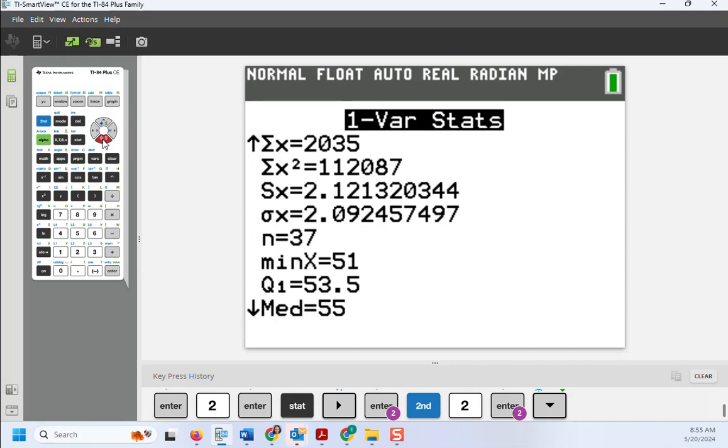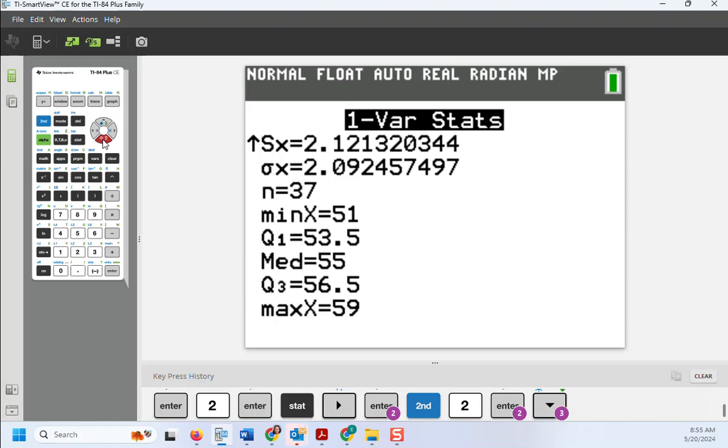My range is going to be my max minus my min. So I'm 59 minus 51. And then my standard deviation, that should be at the top of the list, 2.09.